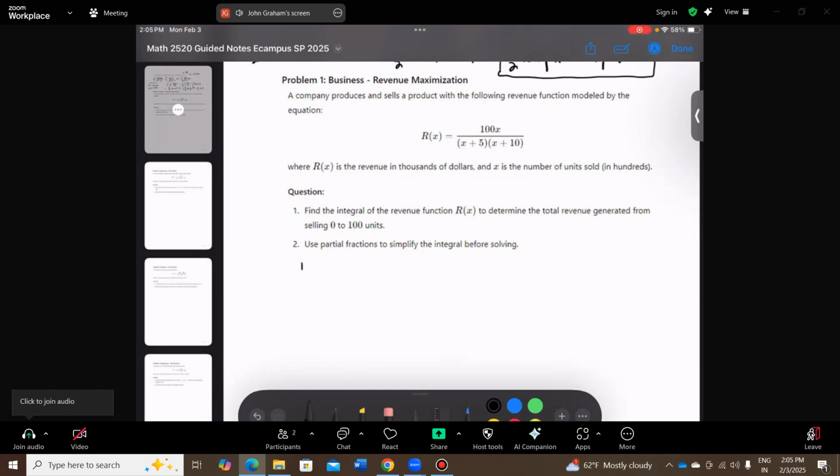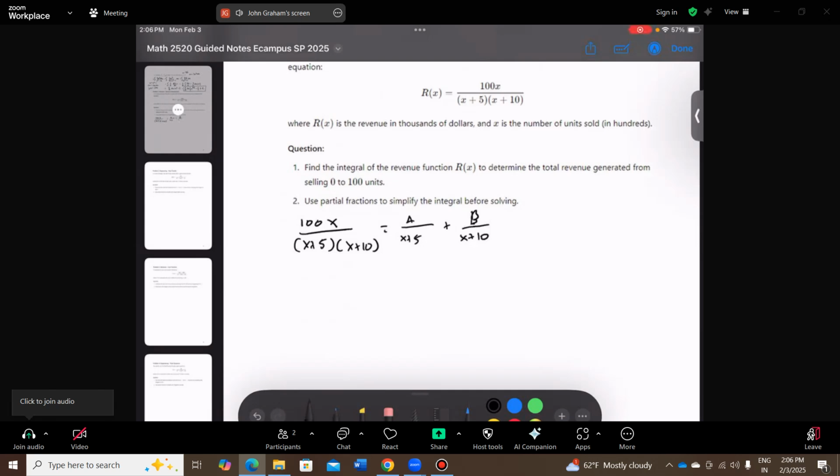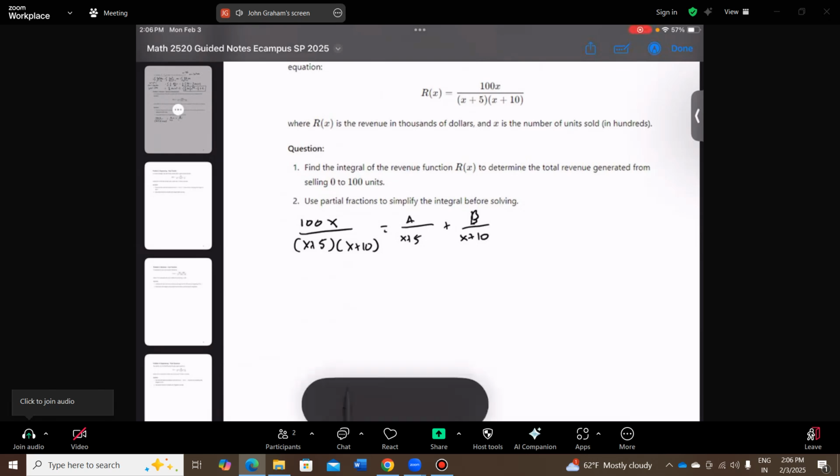We'll have 100x over x plus 5, x plus 10, and we're going to let this be A over x plus 5 and B over x plus 10. A lot of the ones before, we didn't have an x in the numerator. If you notice, that didn't change anything in how we do it. Alright, and you'll see what happens later.